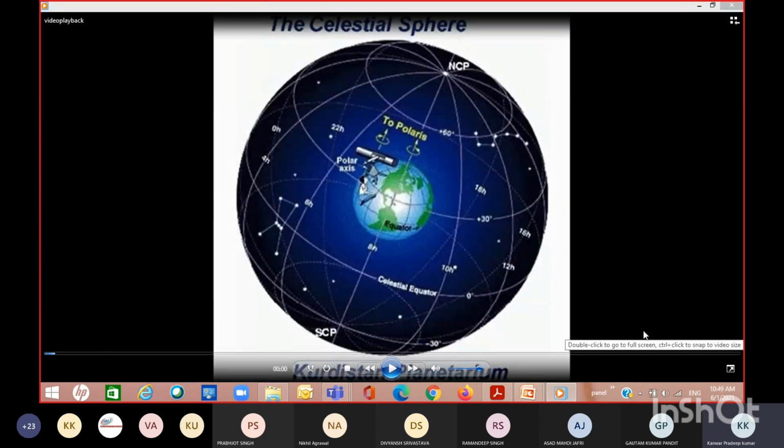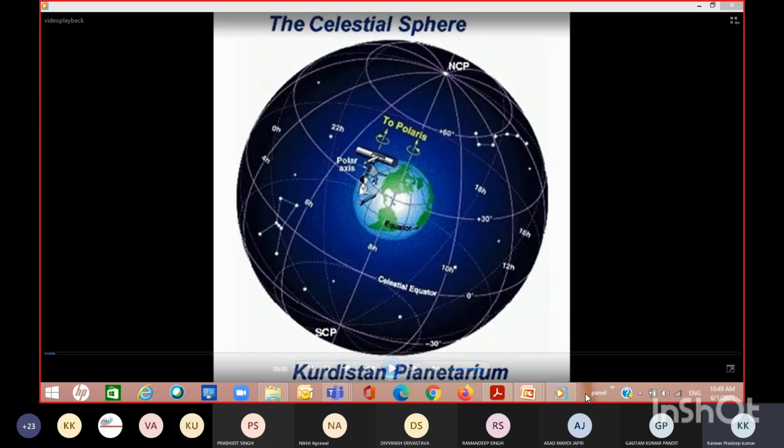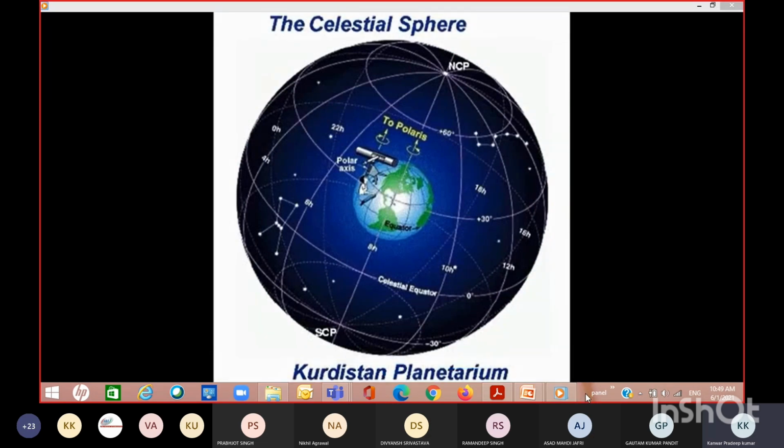Now let me first explain this one to you. The celestial sphere. You can see the Earth is in the center. And this is an imaginary globe with infinite radius extending out in space.